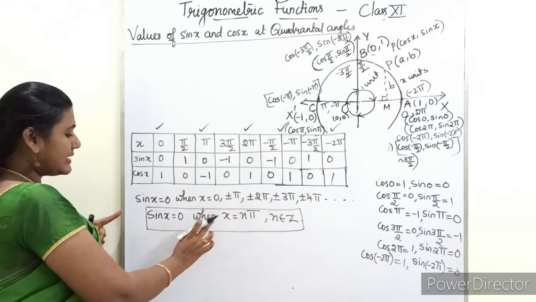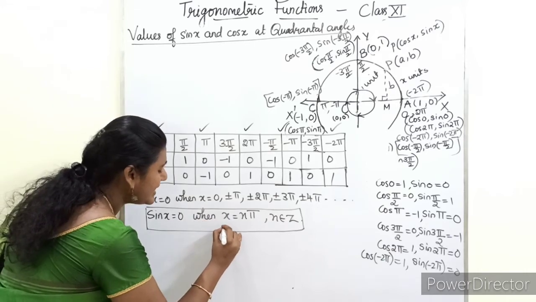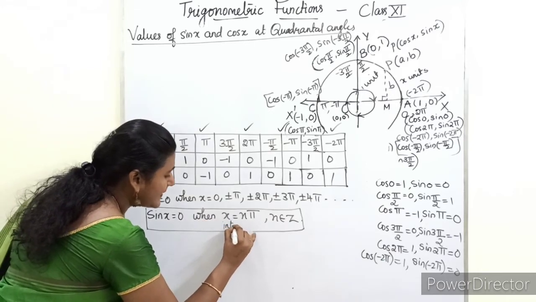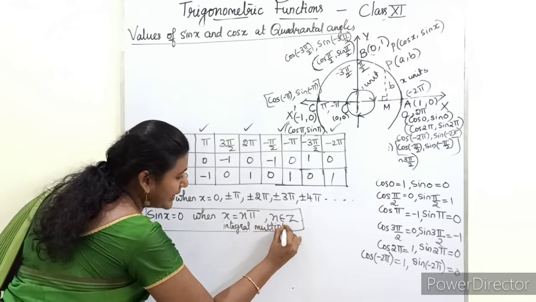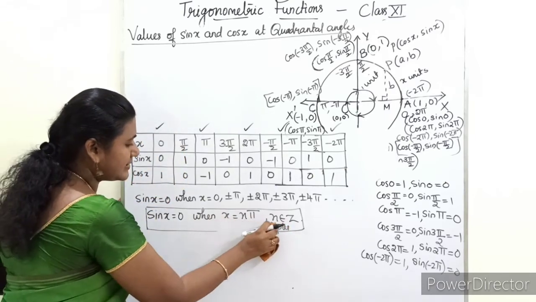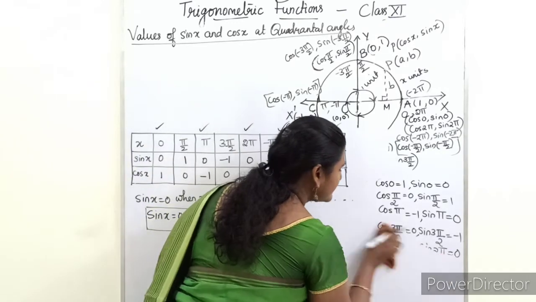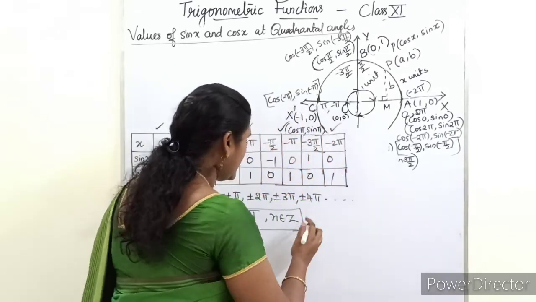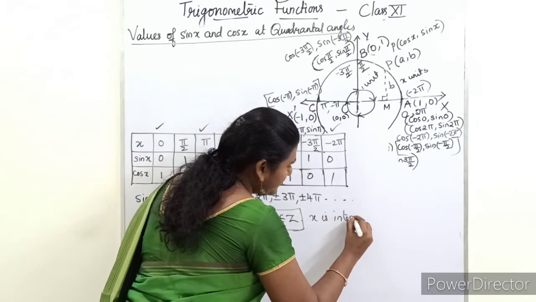That is, sine x is equal to 0 when x is an integral multiple of pi.